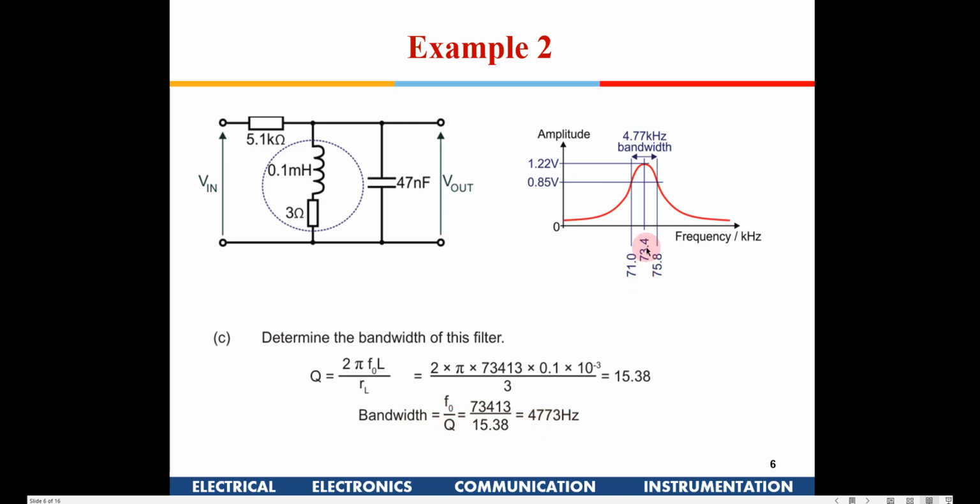This is the center frequency, and if you subtract half of 4773 from 74.3, you will get the lower cutoff frequency, and if you add half of the bandwidth, you will get the upper cutoff frequency. These are some of the standard formulas which you need to apply to get the various parameters or figures of merit of band pass filters.